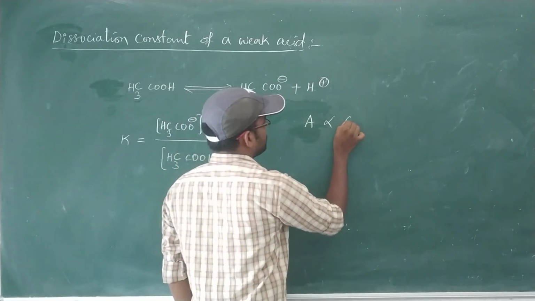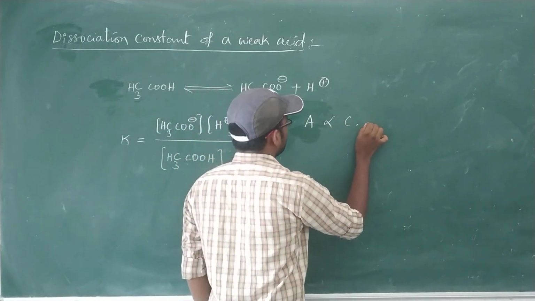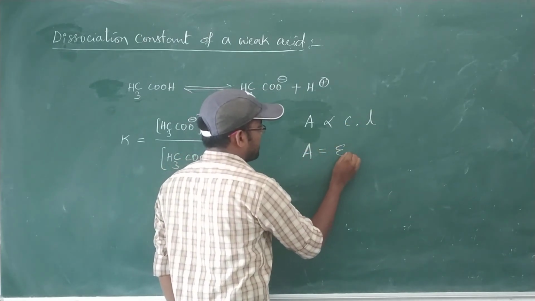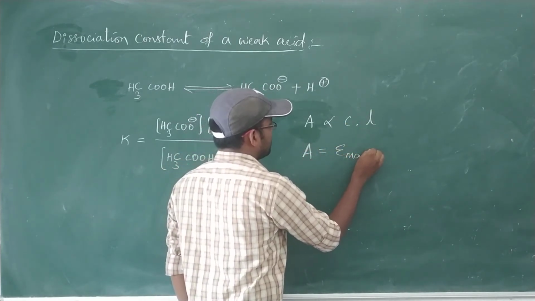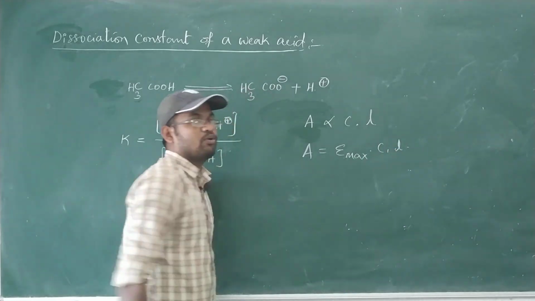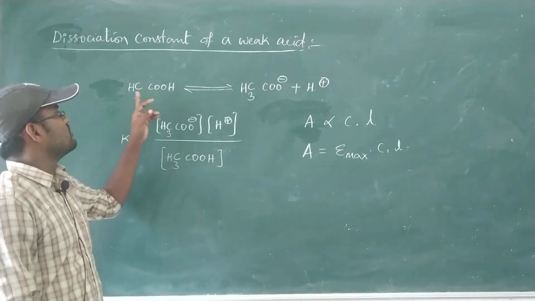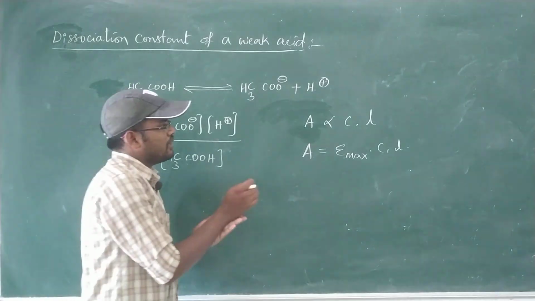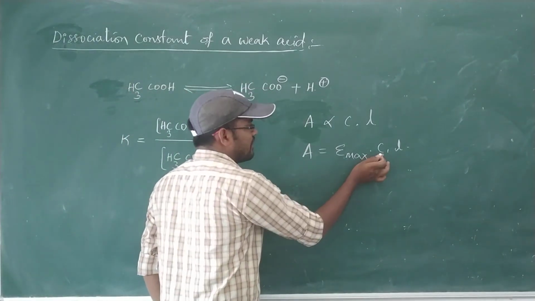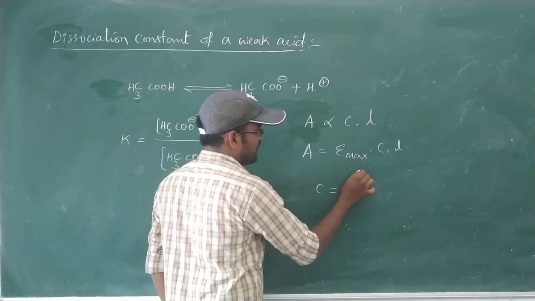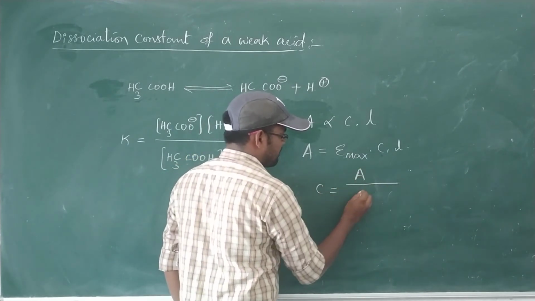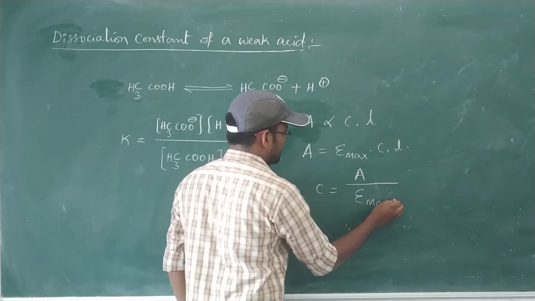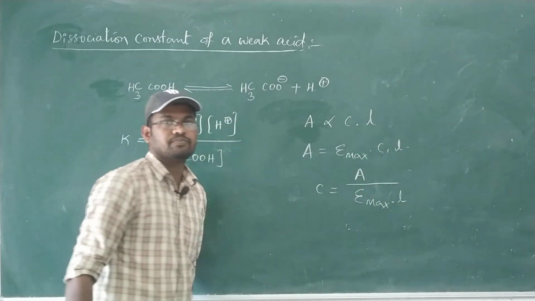Absorption is directly proportional to concentration and length of path. A is equal to epsilon max into C into L. The concentration of acetic acid and acetate ion and H plus can be determined by this formula. Concentration is equal to absorption divided by epsilon max, the molar absorption coefficient, and length of tube.